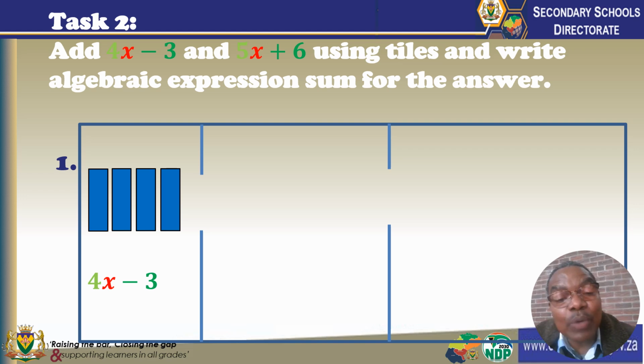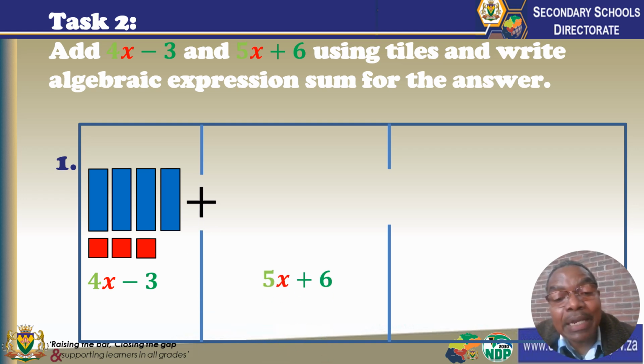Then minus 3 means what? The negative color will represent negative 3, which is small unit squares. Then 5x plus 6: on this side, we have 5 rectangles and also 6 small squares.